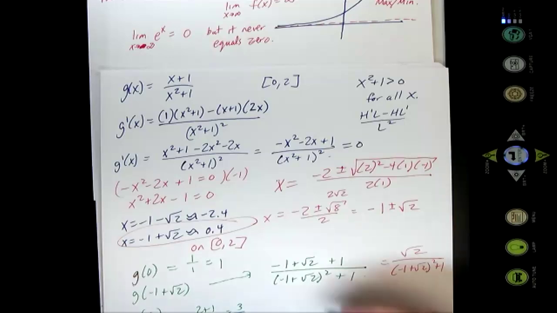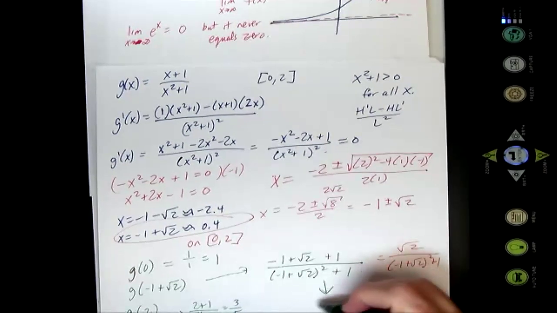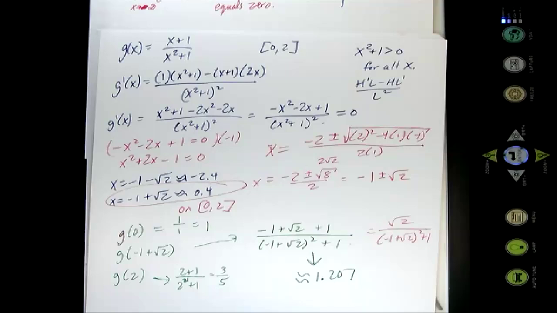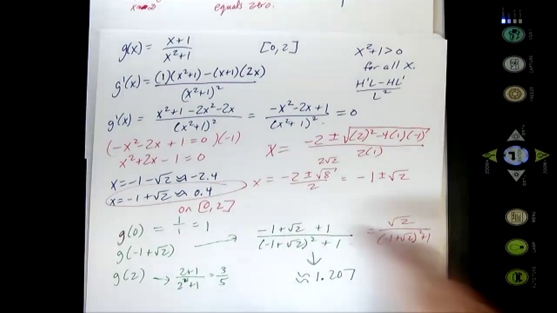And I'm getting g of that equals approximately 1.207. If anyone else did that, negative 1 and positive 1 cancel.